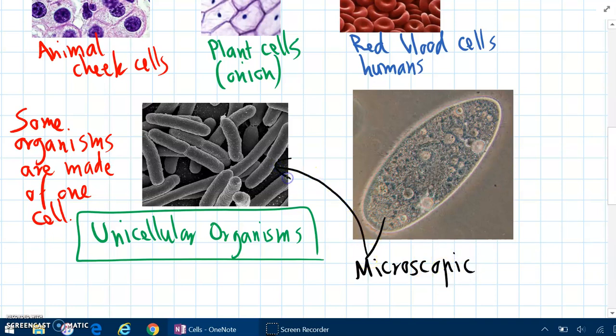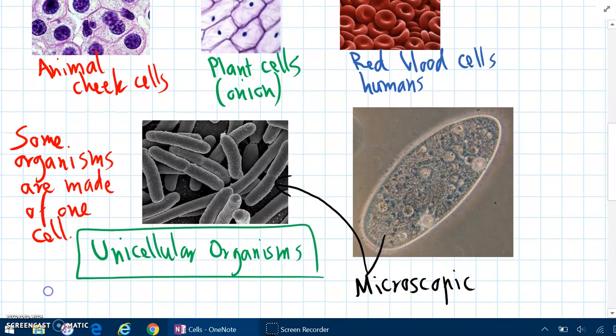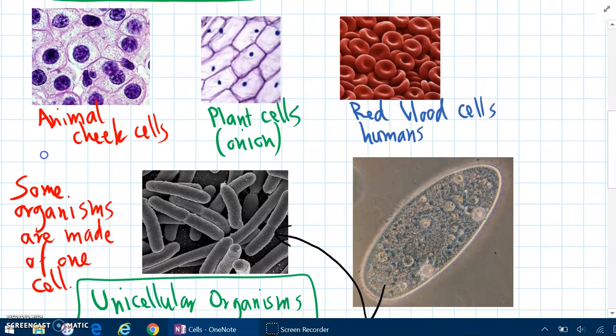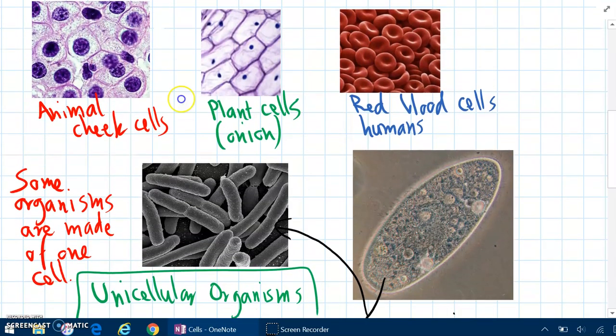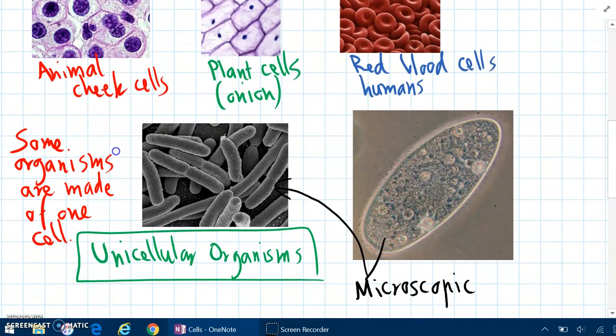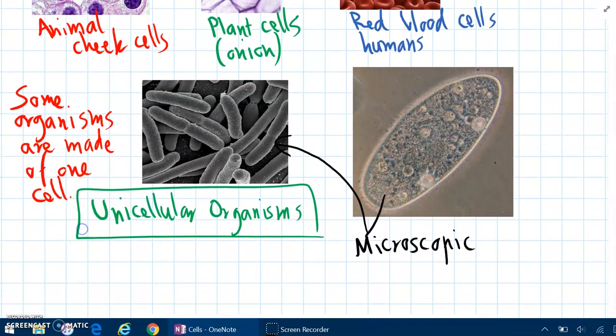And these ones are too. We can see lots of individual organisms here. So each little rod, that's a different organism. So the opposite of unicellular, we call multicellular.